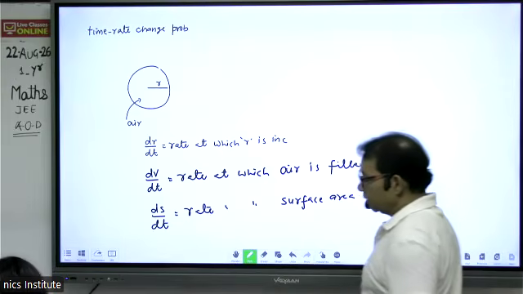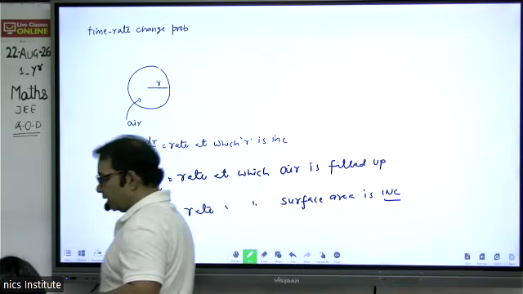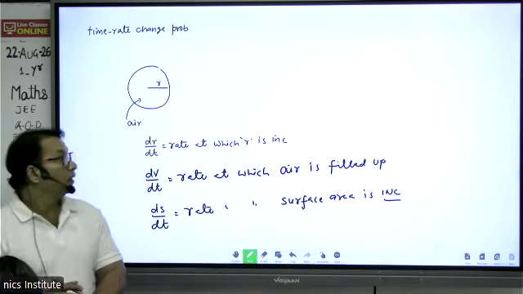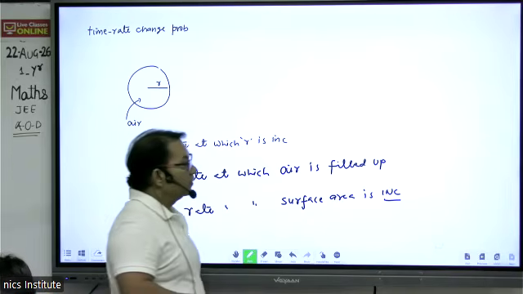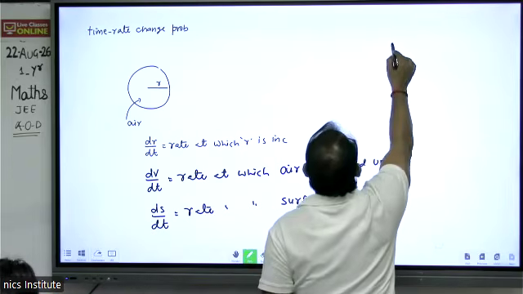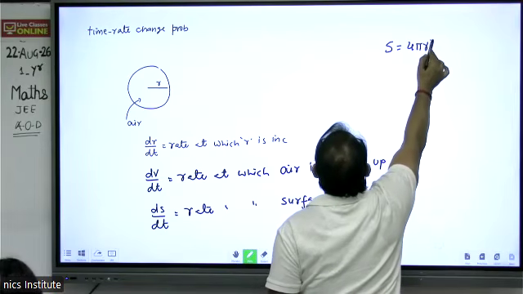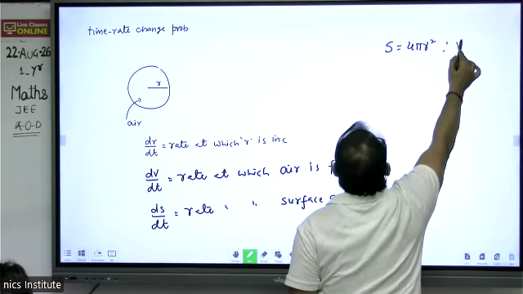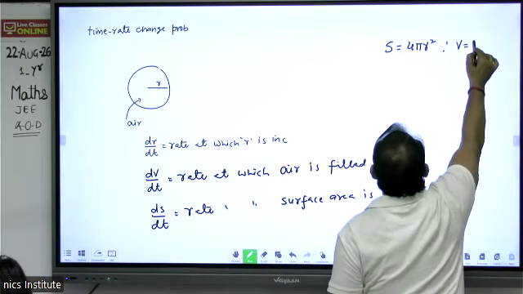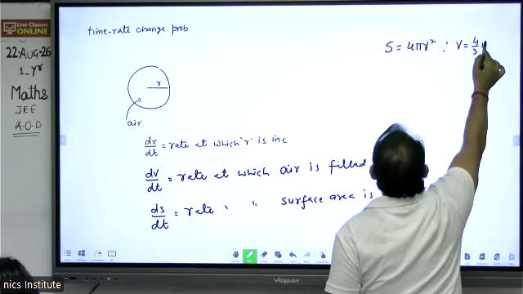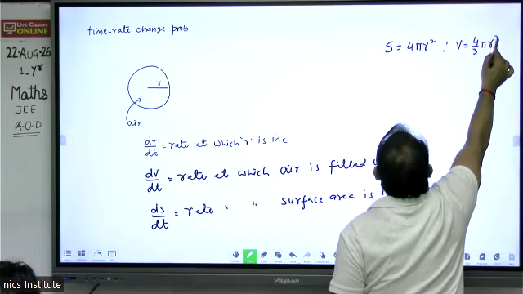Over here, we'll assume that the balloon is a perfect sphere. Its surface area would be 4 pi r square, and its volume would be 4 by 3 pi r cube.